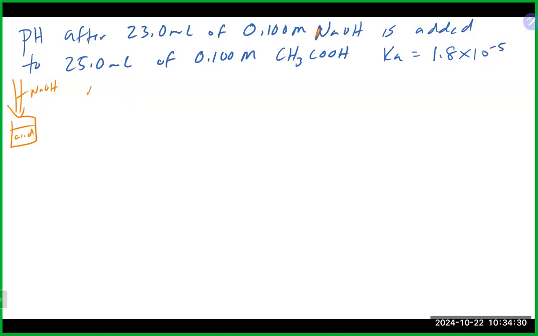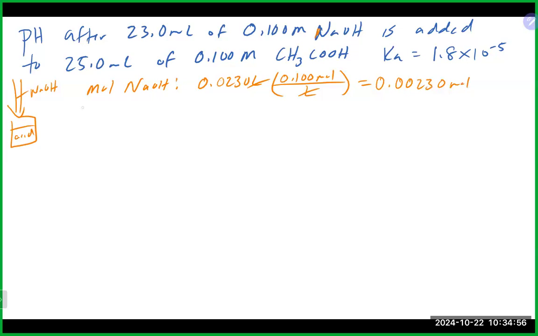If we want our moles of sodium hydroxide, we'll convert our volume into liters and multiply it by the molarity of the sodium hydroxide, which is 0.1 moles per liter. Liters will cancel, and that gets us 0.0023 moles of sodium hydroxide.